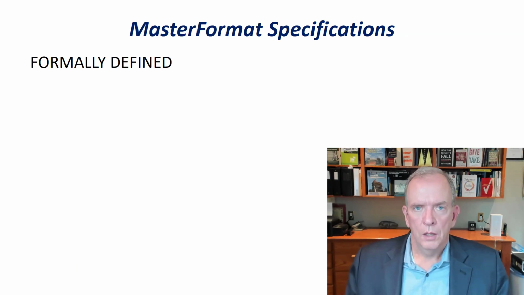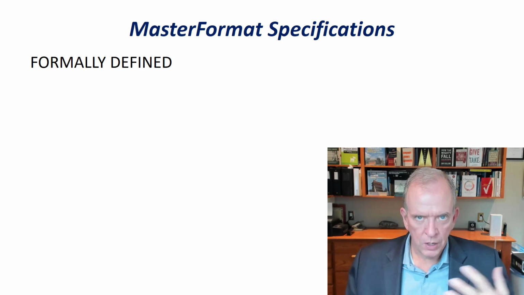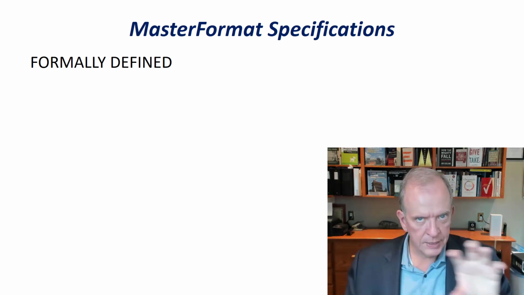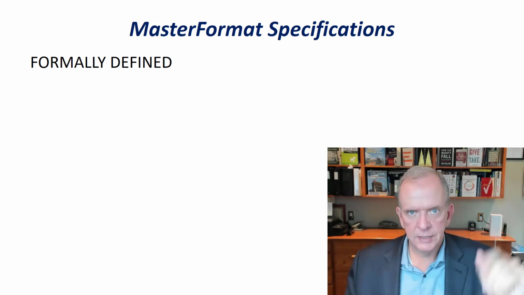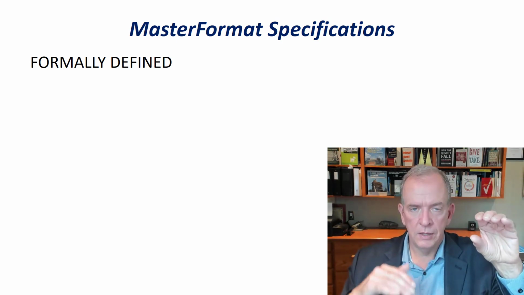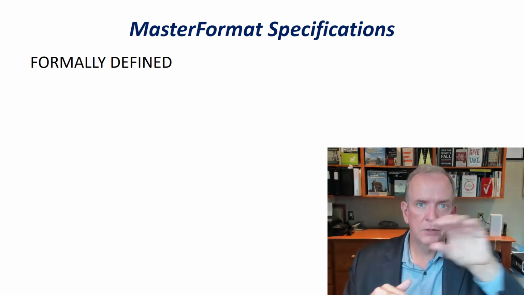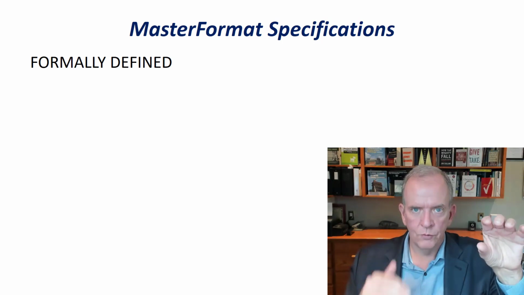So the other aspect, besides the contract, by the way, the contract is at the highest level. So if there's something in the specifications and there's something, say, in the supplementary conditions, and they conflict, the supplementary conditions would take precedence over what would be in the specifications.